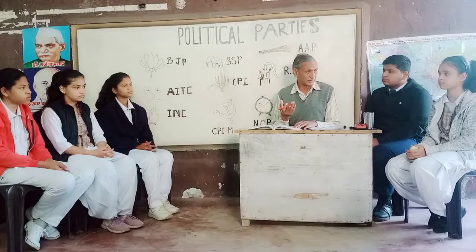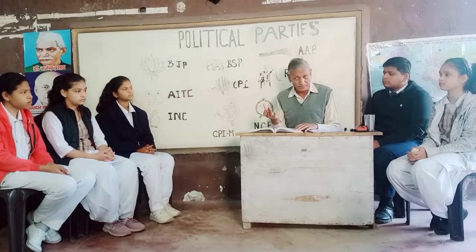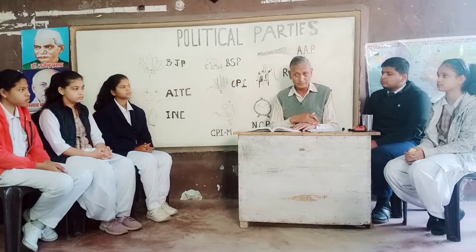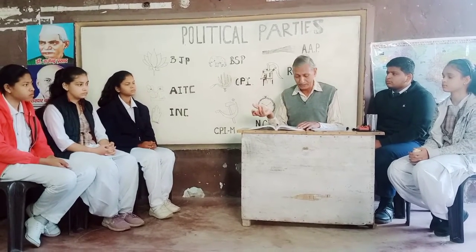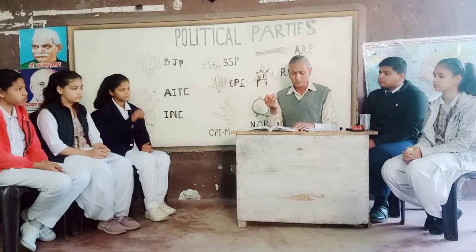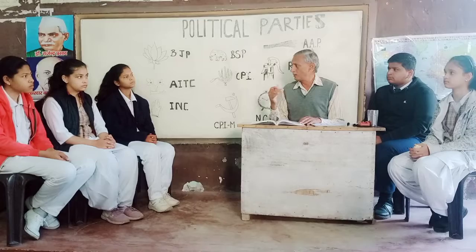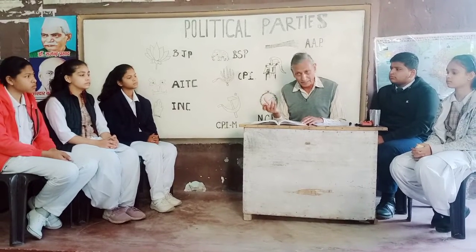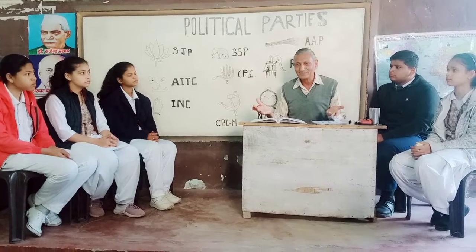Then of course the dynastic succession problem is a big problem in the parties, be it Congress, be it the Samajwadi Party, be it the other parties. When we talk about the growing money and muscle power, the problem relates to almost all the parties. The bigger they are, the bigger the problem.